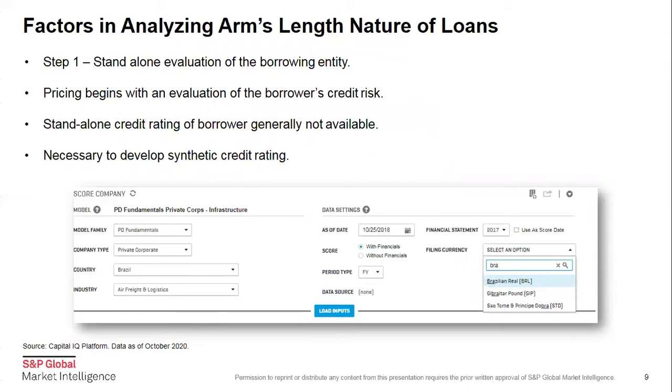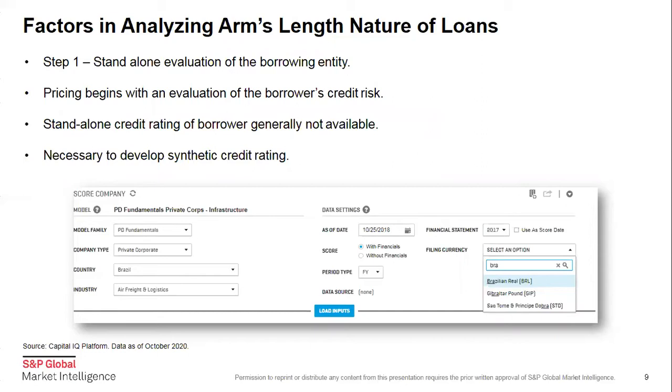We have two different models which are available: a probability of default, which are called PD fundamentals, as you will see here. And then we have a credit model, which we have developed in association with Standard & Poor's ratings.